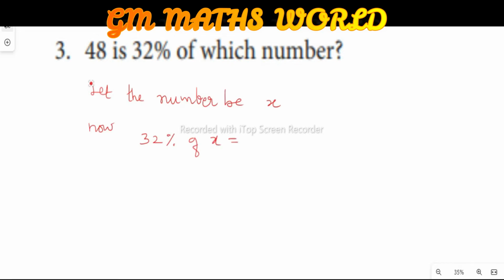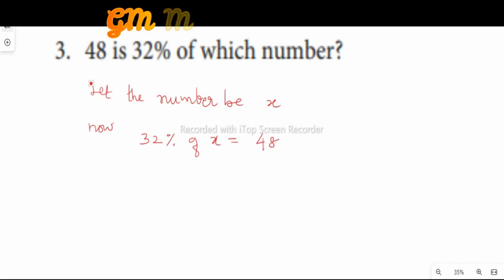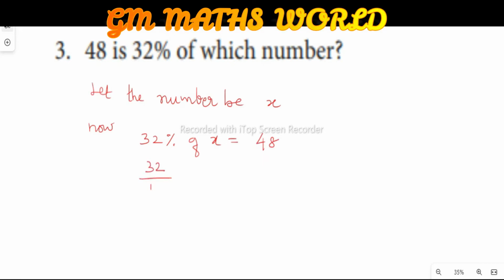So it is 32% of x is 48. 32% means 32 by 100 of x, means 32 by 100 into x equals 48 we have to write. Now 32 by 100 into x equals 48. x equals 48 into 100 by 32.